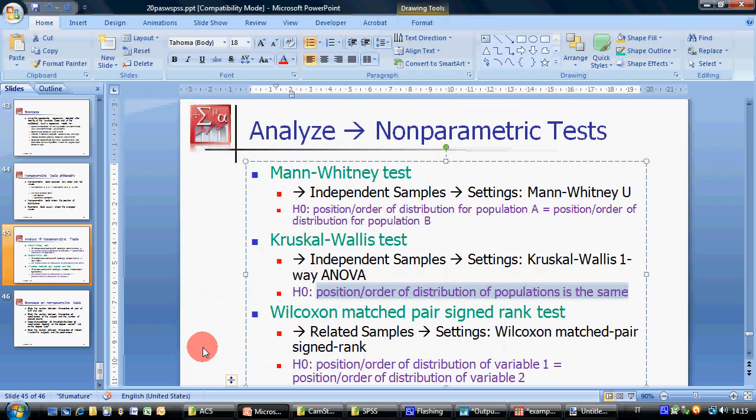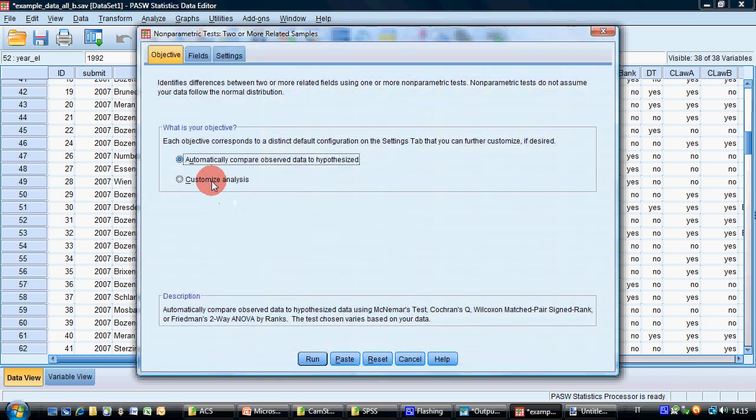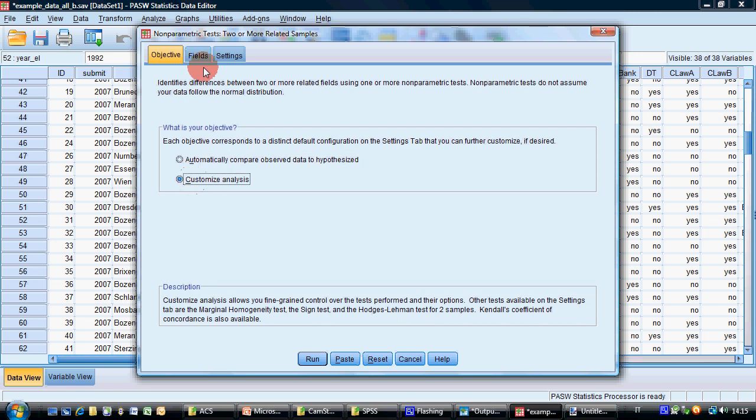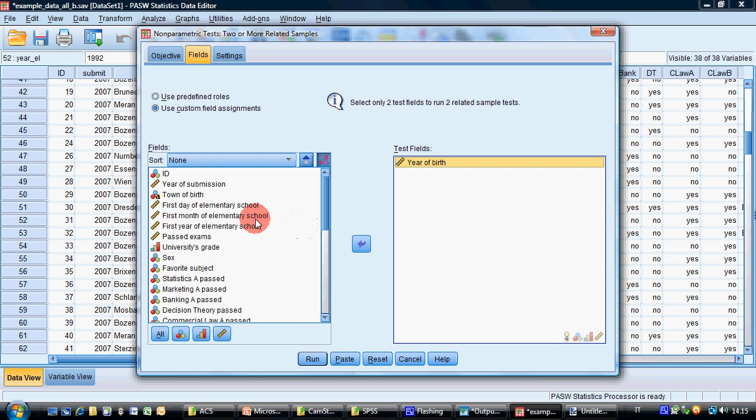Well, let's use, for example, related samples. It's related samples because the two data are paired. Customized analysis, fields, year of birth and first year of elementary school.